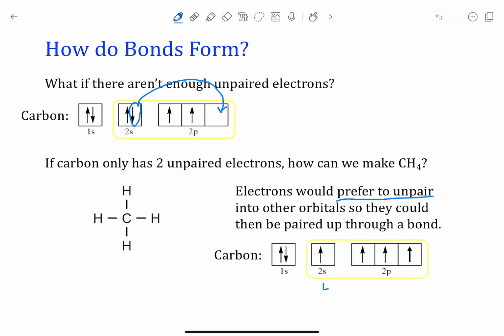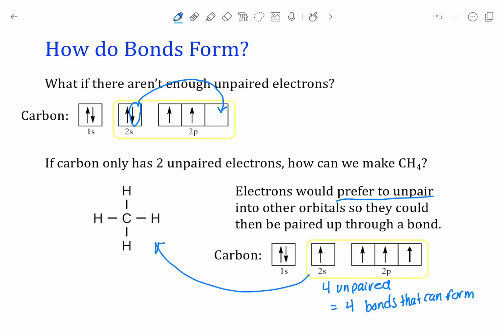I now have 4 unpaired, which equals 4 bonds that can form, which then allows us to create structures like CH4 and abide by our carbon rule of carbon bonding 4 times.